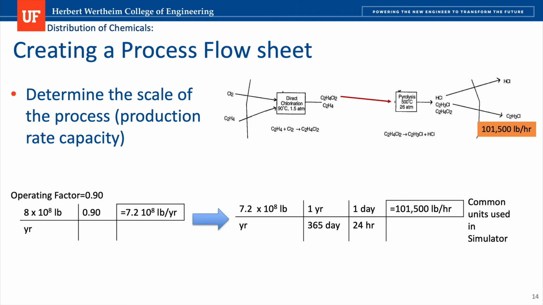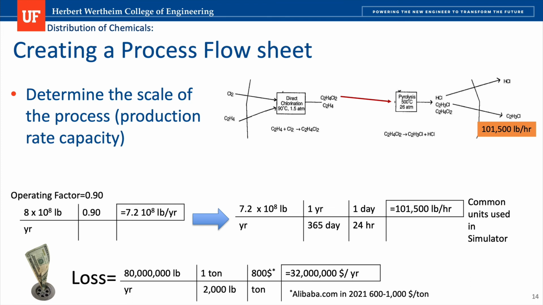This translates into 101,500 pounds per hour. And we transfer that into pounds per hour because usually these are the most common units used in simulators. However, simulators can convert units from one to the other. I'm more used to using pounds per hour or kilograms per hour if you're changing units to the SI system.